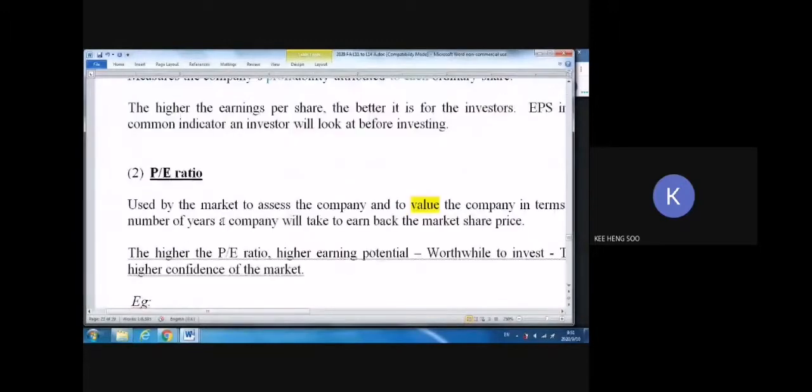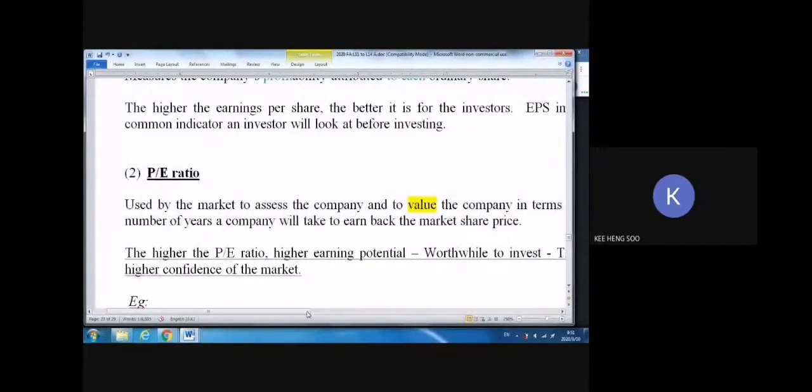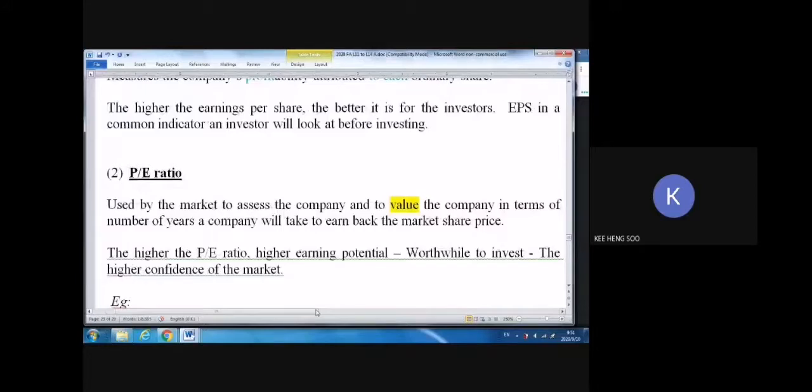So P ratio values the companies in terms of number of years to earn back the market share price. Of course, the higher earning per share, P ratio, higher earning potential, is worthwhile to invest. But on the other hand, certain investors may feel that the share price is too high.